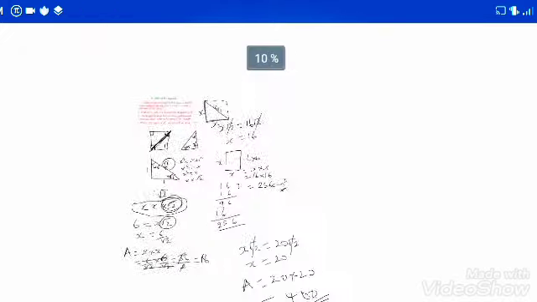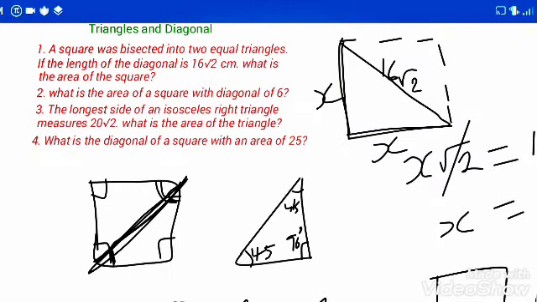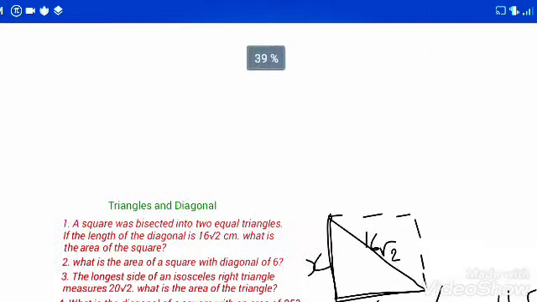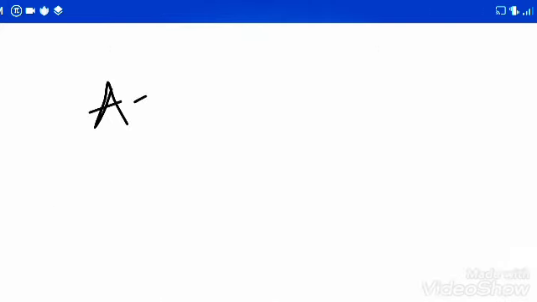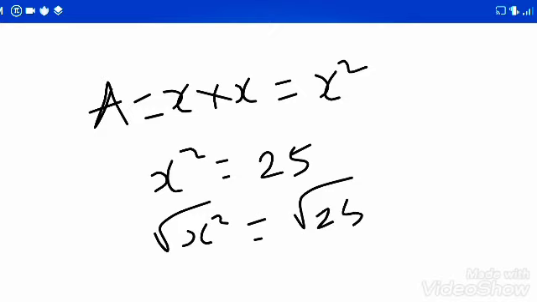Alright, the last question says, what is the diagonal of a square with an area of 25? We already said that the area of a square is x times x, and that is x squared. So it means that x squared is equal to 25. Now we take the square root of both sides, and that will give us x is equal to 5.